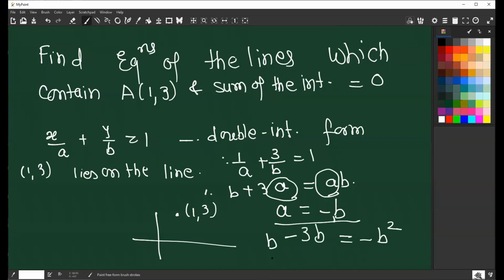Are you getting? So you will get two values of B, not only one.